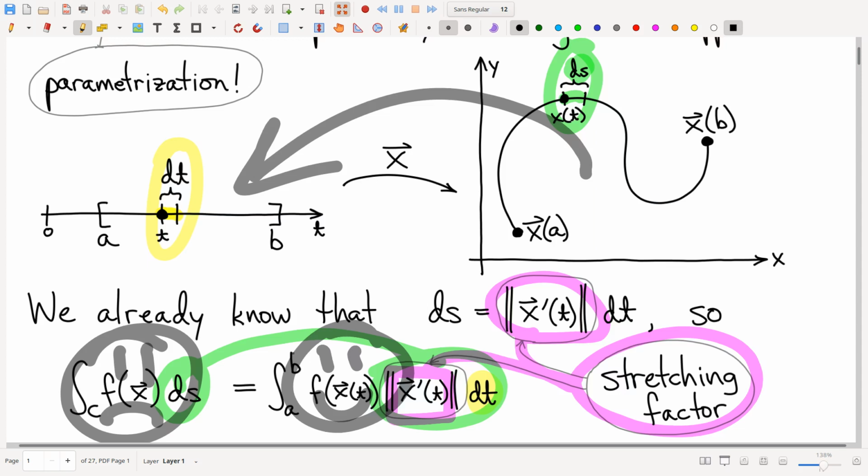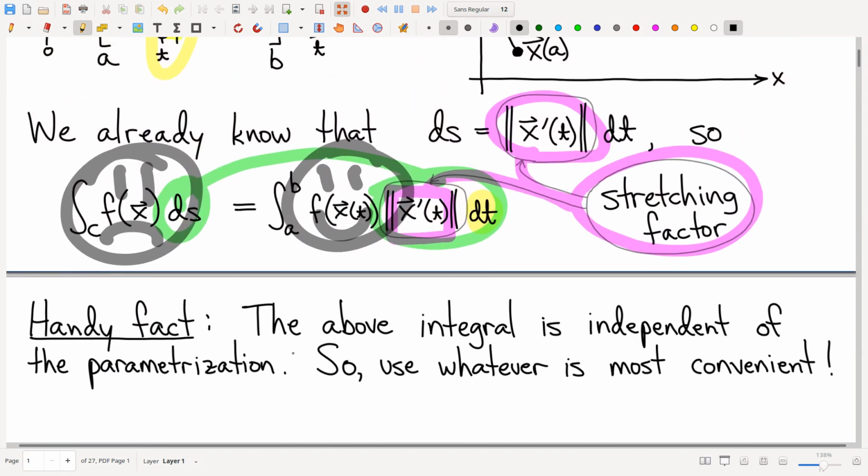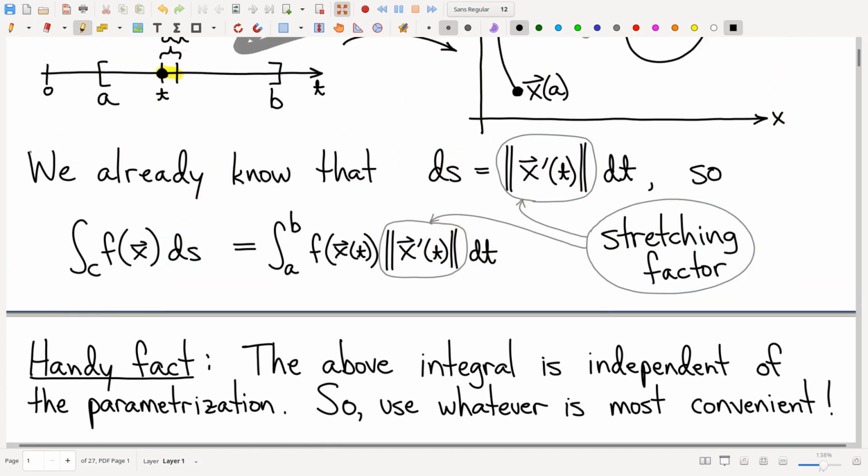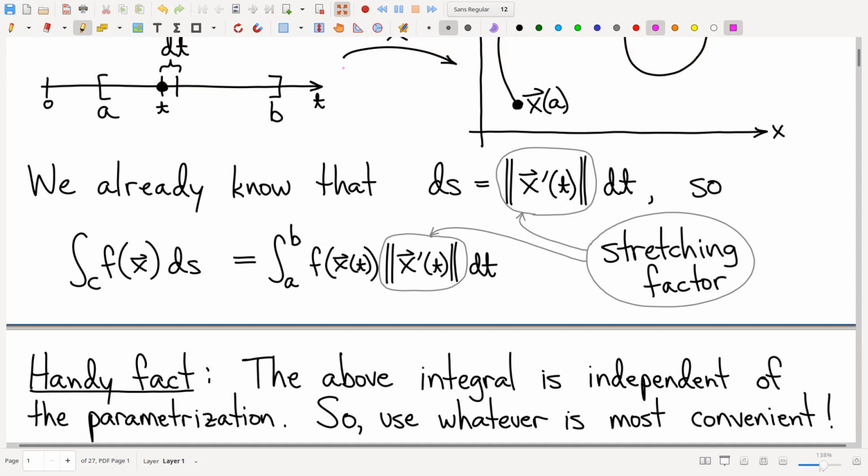Real quick before I go on to actually doing one, just a concern you may be worried about, arguably should be worried about. This parameterization that I picked here, how I parameterize that curve. Recall, there's a bunch of different ways to parameterize a curve, countless different ways. What if I parameterize the curve one way and then someone else parameterizes the curve with a different parameterization?